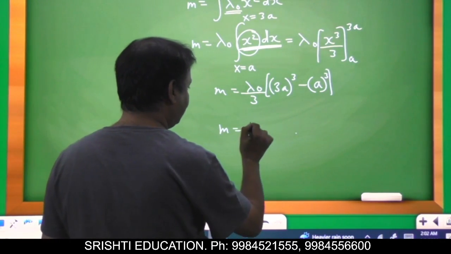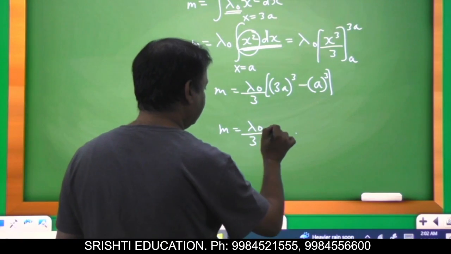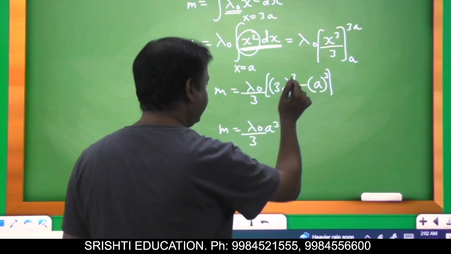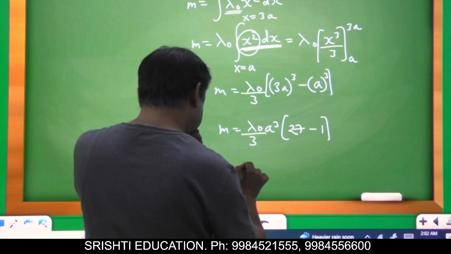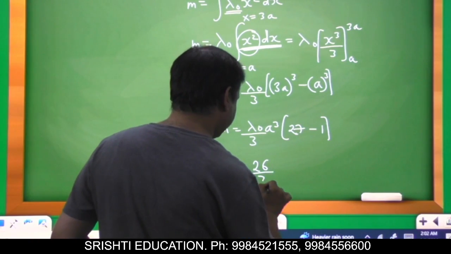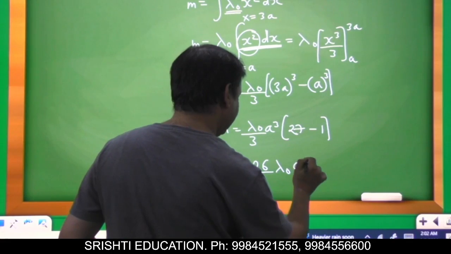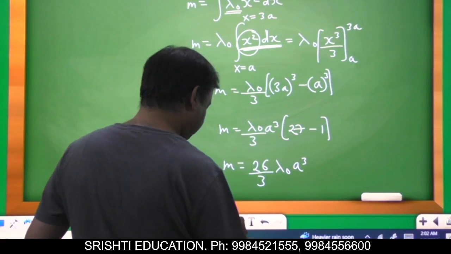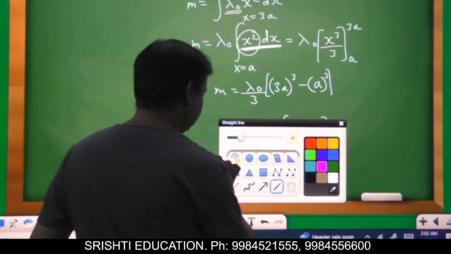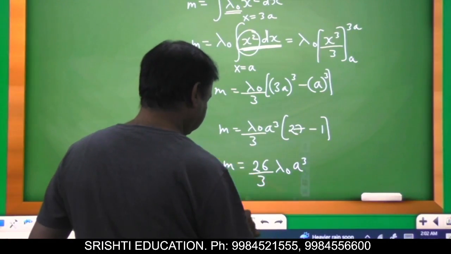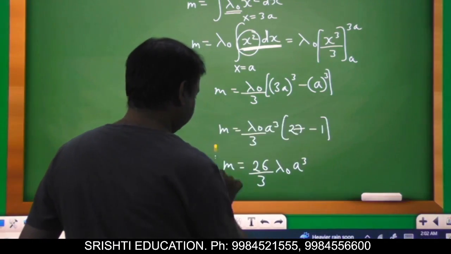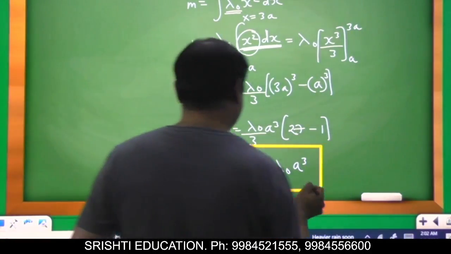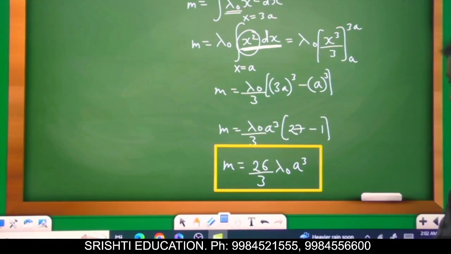So mass will come to be lambda naught by 3 a cube, 3 cube will be 27, minus 1 cube will be 1. So I'll get 26 by 3 lambda naught a cube. This will come to be the mass of the rod. So this is the answer for this problem.